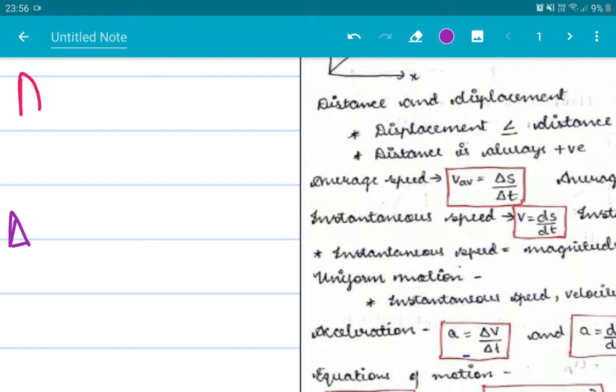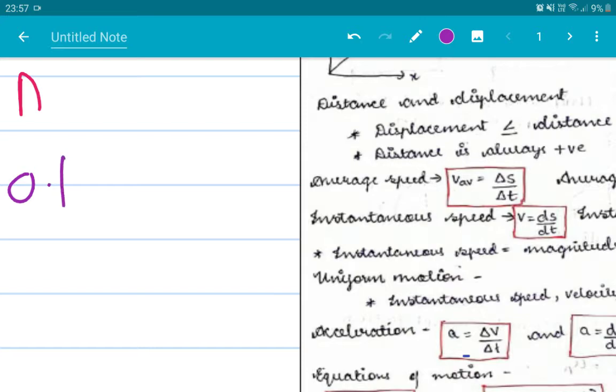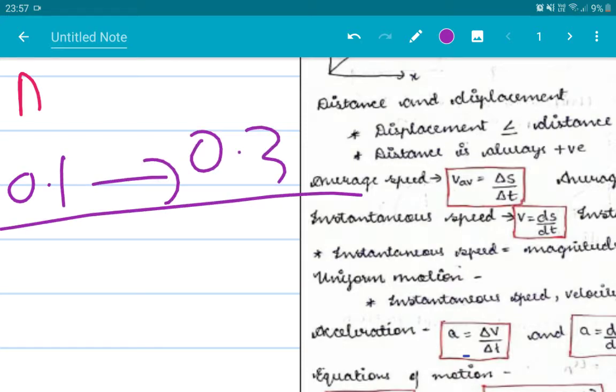See, what is instantaneous speed? You're finding it for a particular span of less than 1 second or something like that. So when you're finding it for such a small span of time, we include the average from like 0.1 second to 0.3 seconds. Highlight over here, from 0.1 second to 0.3 seconds.